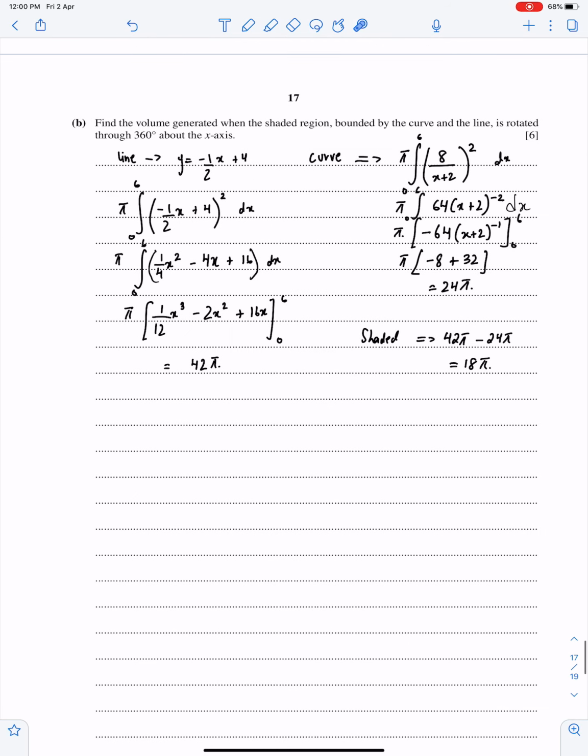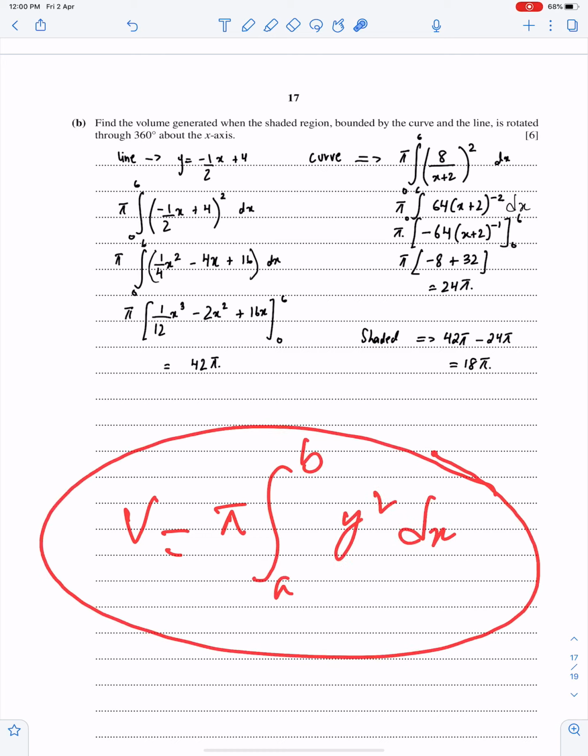So the volume through the line is this equation of line, and the formula of volume is pi integral of y squared dx. So pi times the equation of line squared dx.